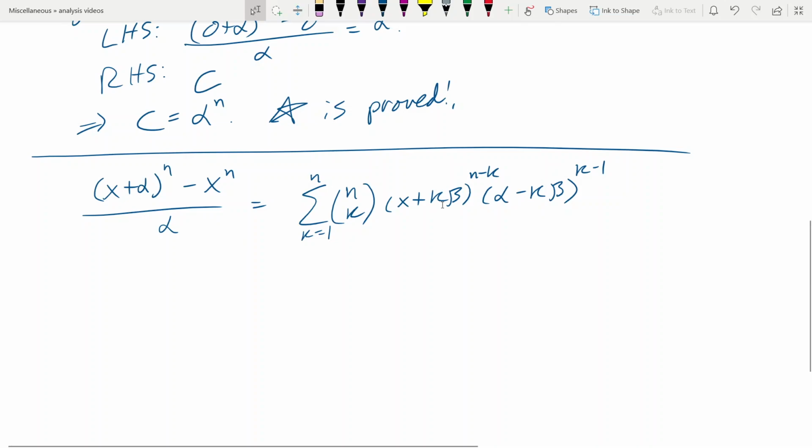Is that a word? I don't know. I think it is. Increasing and decreasing x and alpha respectively by multiples of this other value beta, which can actually be anything. And in fact, if beta equals 0, you can quickly see that we just get the usual binomial theorem.